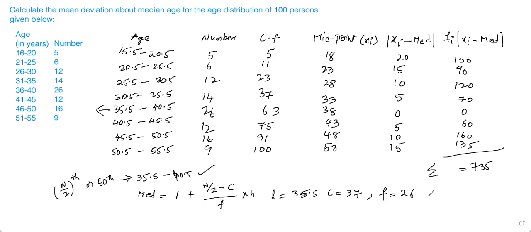And h, the interval, which is 5, and n, which is 100. So let us write this.